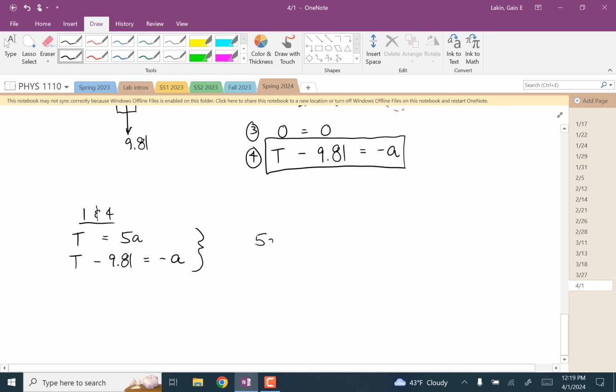And so you get 5a minus 9.81 is equal to negative a. So 6a is equal to 9.81. And so a is 1.64 meters per second squared.